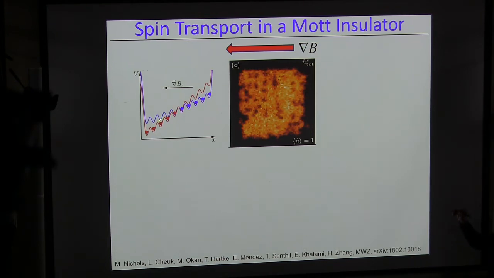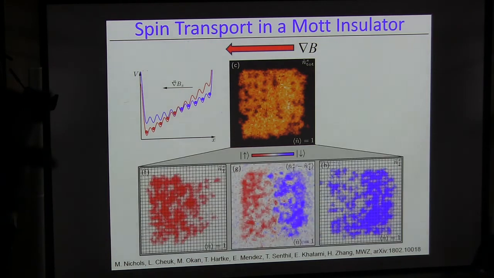You have a stronger magnetic moment here for the reds than for the blues. And so if you apply a gradient, even though on their own they would both love to go to the left side in the image, they cannot all go to the left side because the reds have a stronger magnetic moment. They want it more, right? They want it more, and so they leave the blues to the other side where the blues would, in principle, not like to go.